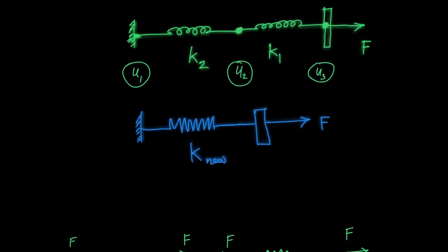Extending a similar explanation for spring 2, the net displacement felt by this spring will be u2 minus u1.